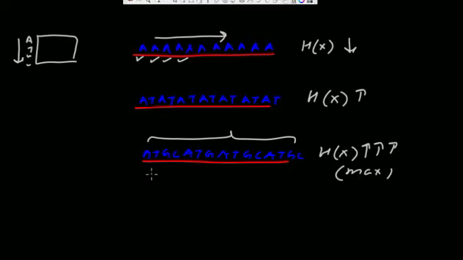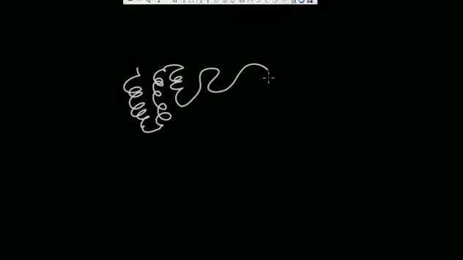Now you might wonder, where is this useful? It's pretty much useful to find out how complex a sequence is, to find out whether repeat sequences are present or not. For example, one application is if you have a protein sequence and you have a region which is disordered, right?